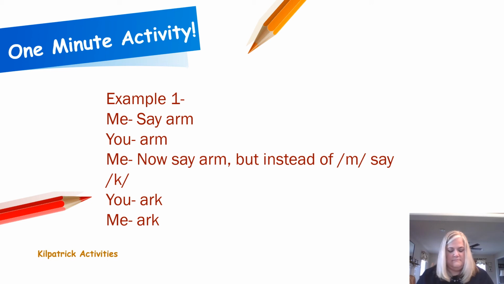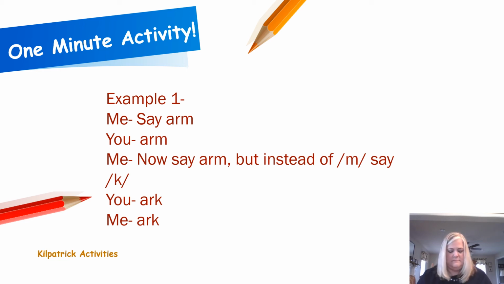Moon. Say sip. Now say sip, but instead of p, say t. Sit. Say road. Now say road, but instead of d, say m. Rome. Say phase. Now say phase, but instead of z, say d. Fade. Say come. Now say come, but instead of m, say p.